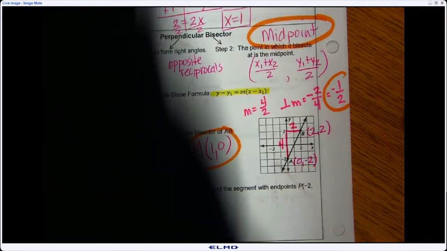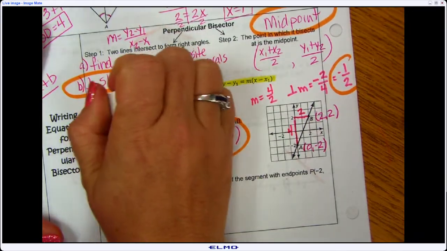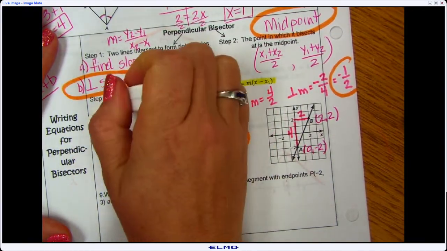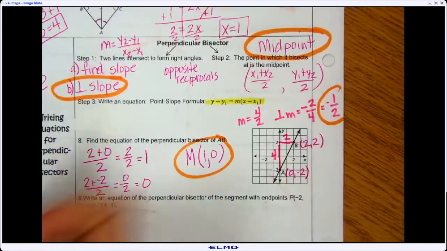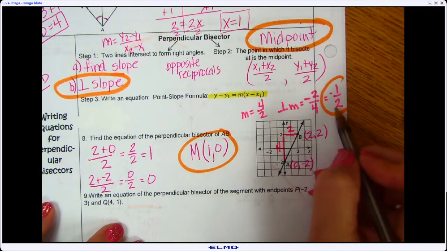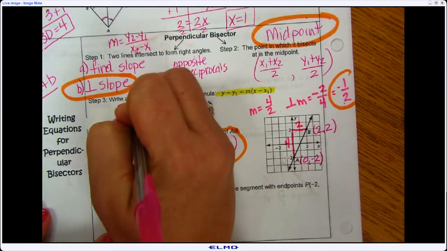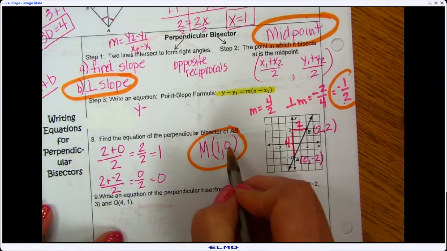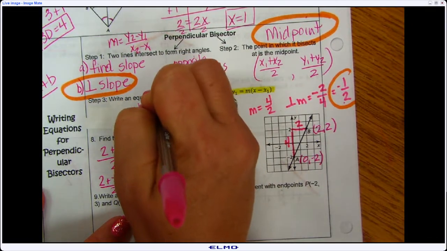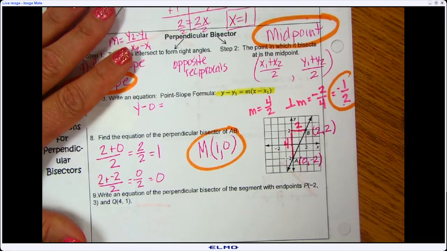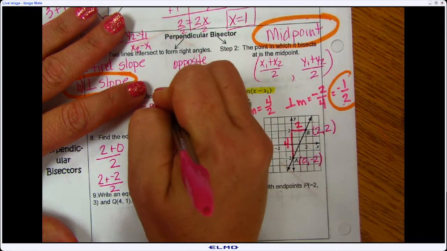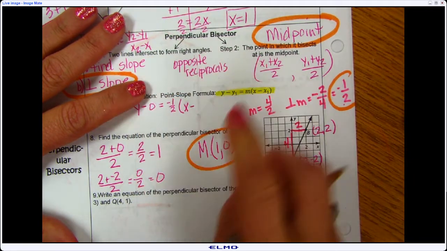What I'm going to do real quick, because it kind of messed up, I meant to do the midpoint up here. So let me just mark this out really quick, and I'm going to finish this problem in this space right here. All right, so now using this formula, I'm going to use this slope and this point. So y minus y1 equals slope, negative 1/2, x minus x1.